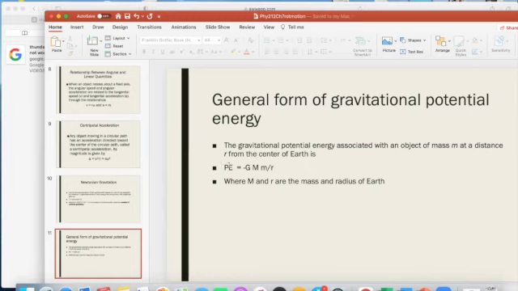Your potential energy, PE, is equal to negative G, the universal gravitational constant, times the mass of your planet, in our case usually Earth, times the mass of the object, divided by the distance from that planet.